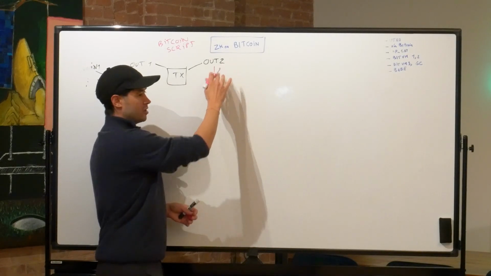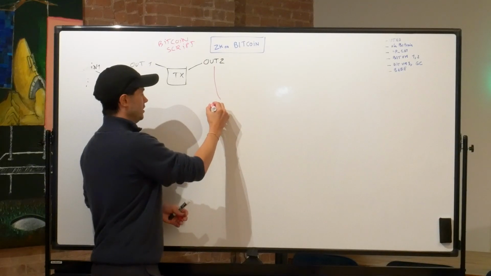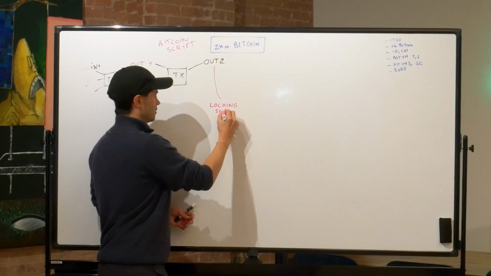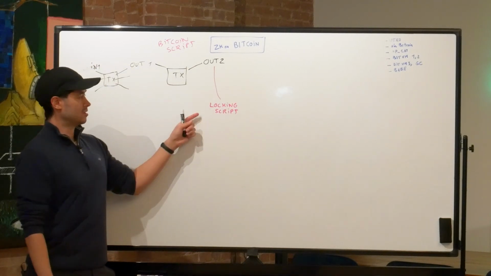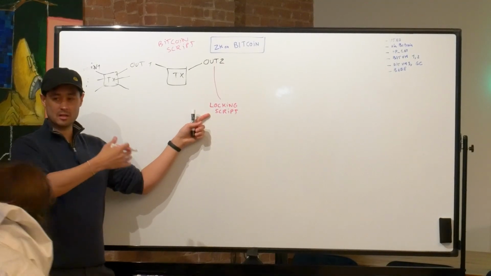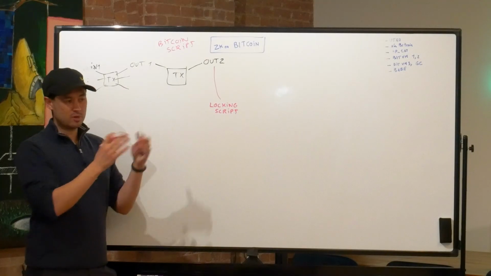And so when you create a UTXO, you usually have a script in there called, I think, the locking script. The name has changed over time, or there are different names. Some people call it the pubkey script, because usually you have a public key that represents the account that you can pay to, or the hash of a public key, but you can pretty much do anything you want.